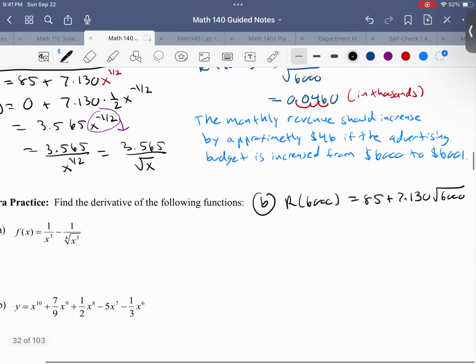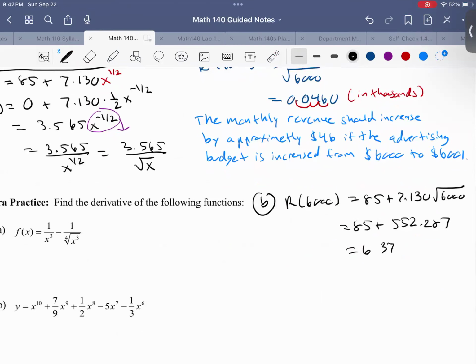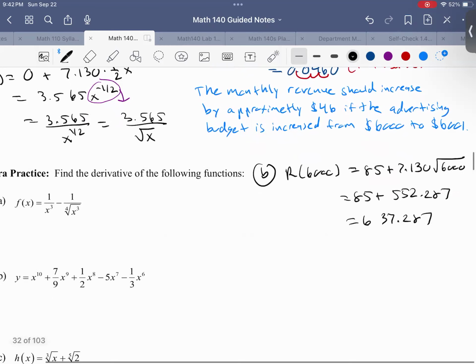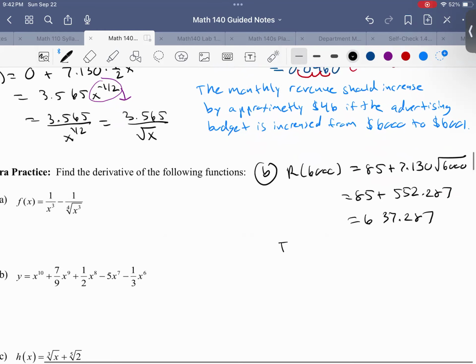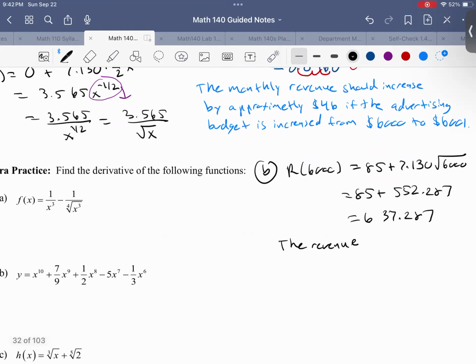Well, this ends up being 85 plus something like 552.287, which ends up being about 637.287. Okay, so what does this mean? Well, this is the revenue when $6,000 is spent on advertising.